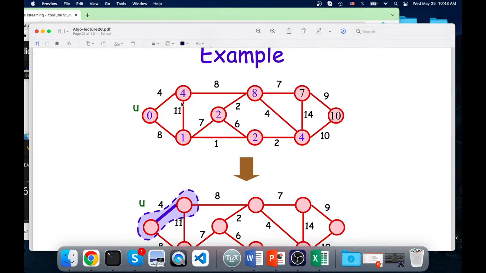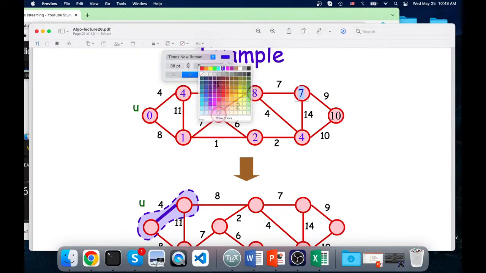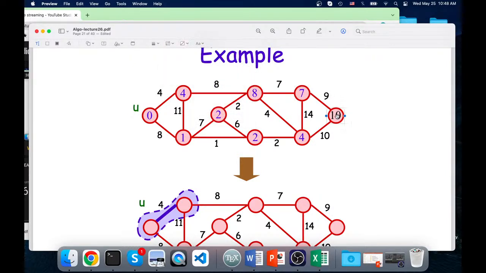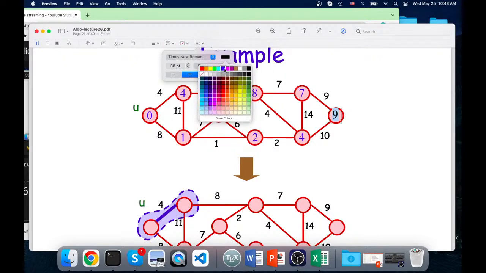So we do not need to do any updating anymore. And next we will choose this one. By choosing this one, then you will make it into the spanning tree. And then we will update this one. This is a neighbor of it. So we will update this. And then finally, we will have this one selected.